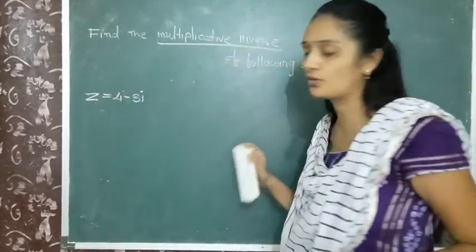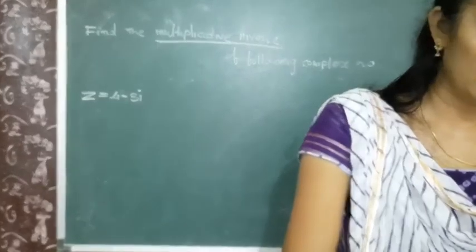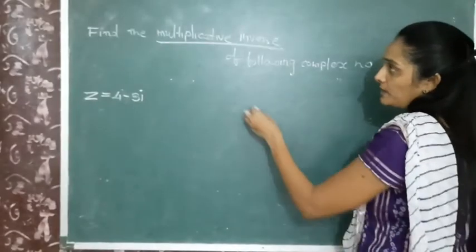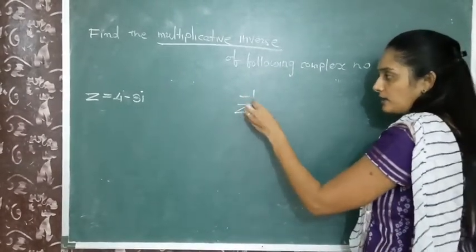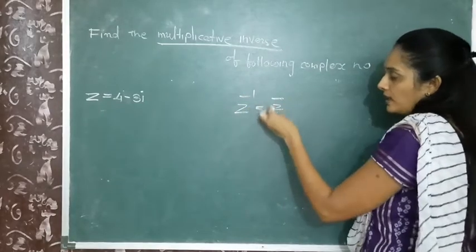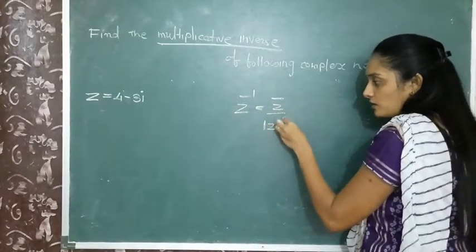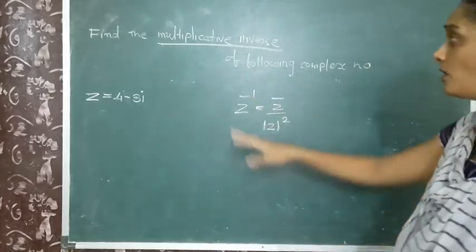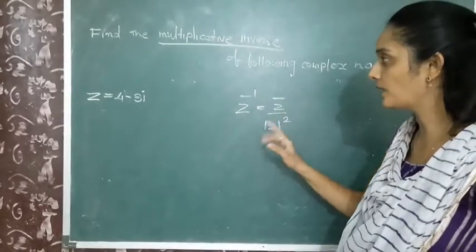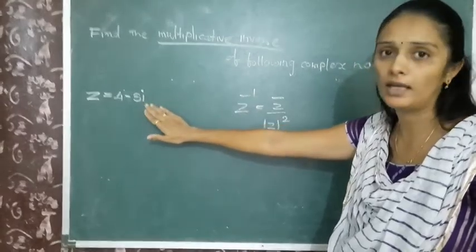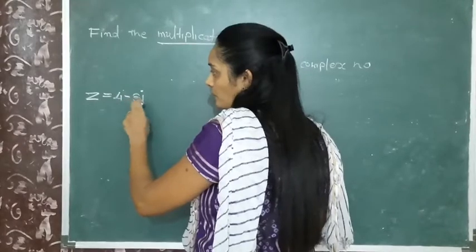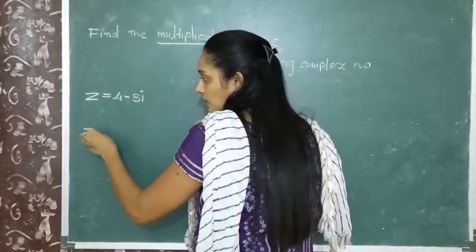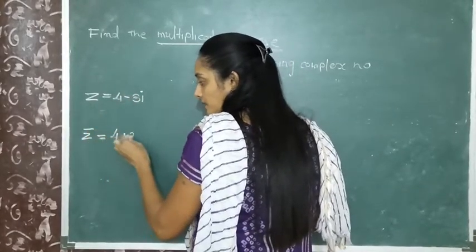Now first, question 1: z is equal to 4 minus 3i. As you know, the formula of multiplicative inverse, denoted by Z inverse, is Z bar upon modulus of Z square. That means for multiplicative inverse, first we have to find the conjugate and then the modulus of this number. Z is 4 minus 3i. Now the conjugate is 4 plus 3i.